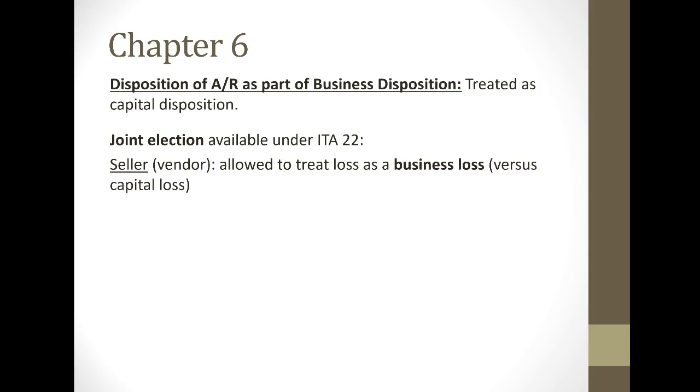If one party does not agree to it, then this election is not available. So the seller would likely want the election because they're probably going to sell their accounts receivable below the book value. And so they get to treat that fully as a business loss if the joint election is agreed to by both parties, rather than a capital loss which is only 50% deductible against taxable capital gains.